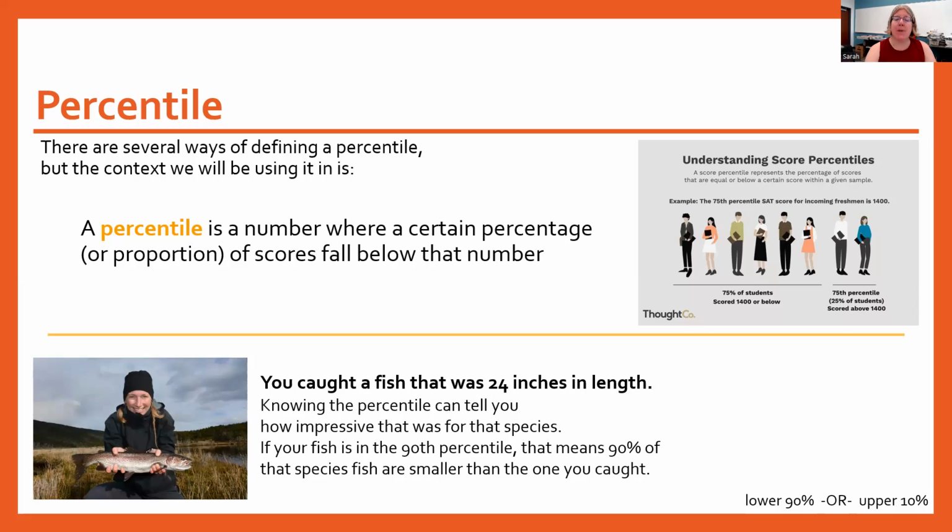That means 90% of that species of fish are going to be smaller than the one you caught, and 10% of them are going to be the same size or longer than the one you caught. So this idea of a percentile, the 90th percentile means that area to the left is 90%. So we would be talking about the lower 90%. It's also the same thing as talking about the upper 10%. So all three of those are going to represent the same thing.